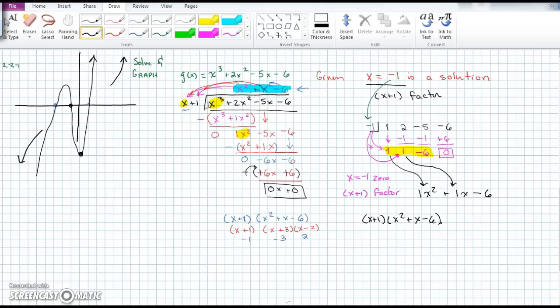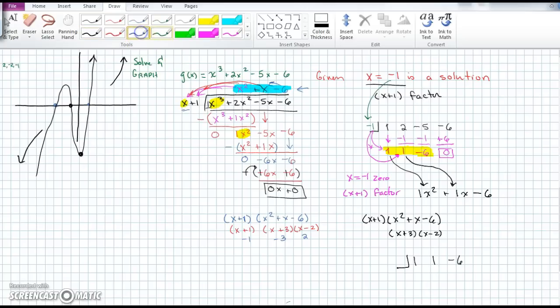You'll see that either method gives you the same thing, and factoring here, I still get x plus 3, x minus 2. Or if you wanted, you could set up another synthetic division problem, 1, 1, and negative 6, divided by what you think other zeros might be.